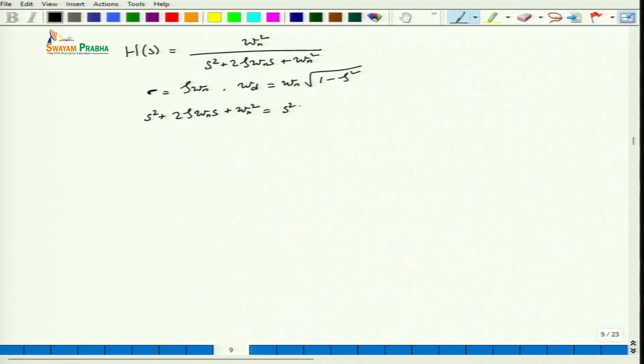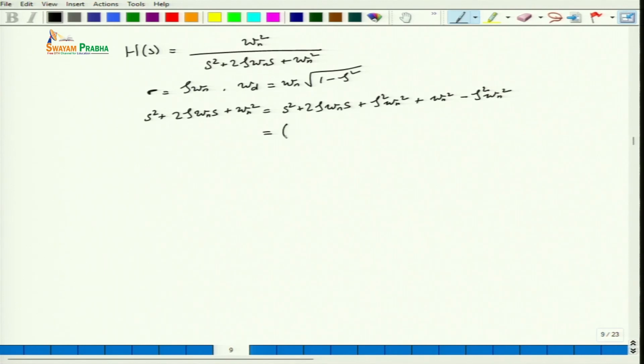So we can express this as s squared plus 2 zeta omega n s plus omega n squared. Here we are trying to complete the square, similar to what we did in the last class to find the inverse Laplace transform of a function, and based on that we get (s plus zeta omega n) squared plus omega n squared minus zeta squared omega n squared.